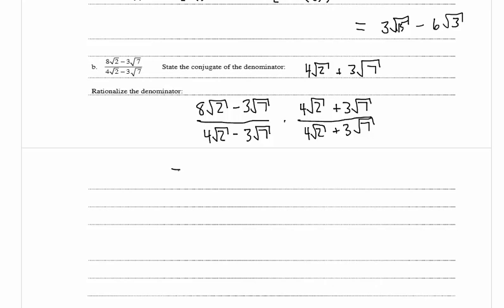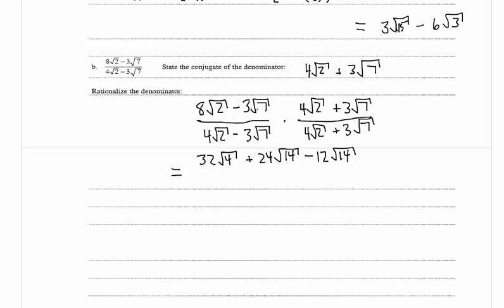And now I'm going to FOIL the numerator, and I'm going to use our special product rule for the denominator. So for the numerator, I have 8 square root of 2 times 4 square root of 2 is 32 square root of 4. And then I have 8 square root of 2 times 3 square root of 7 gives me 24 square root of 14. And negative 3 square root of 7 times 4 square root of 2 is equal to negative 12 square root of 14.